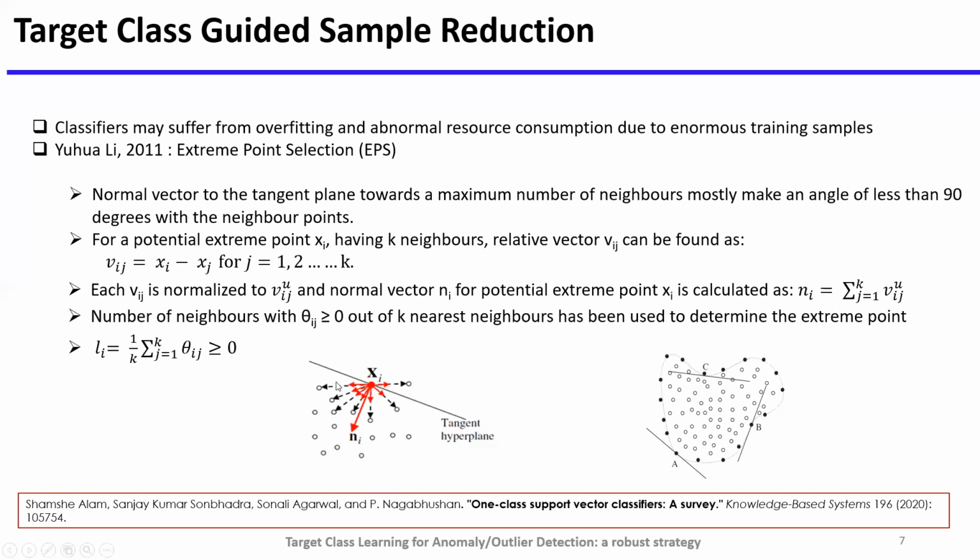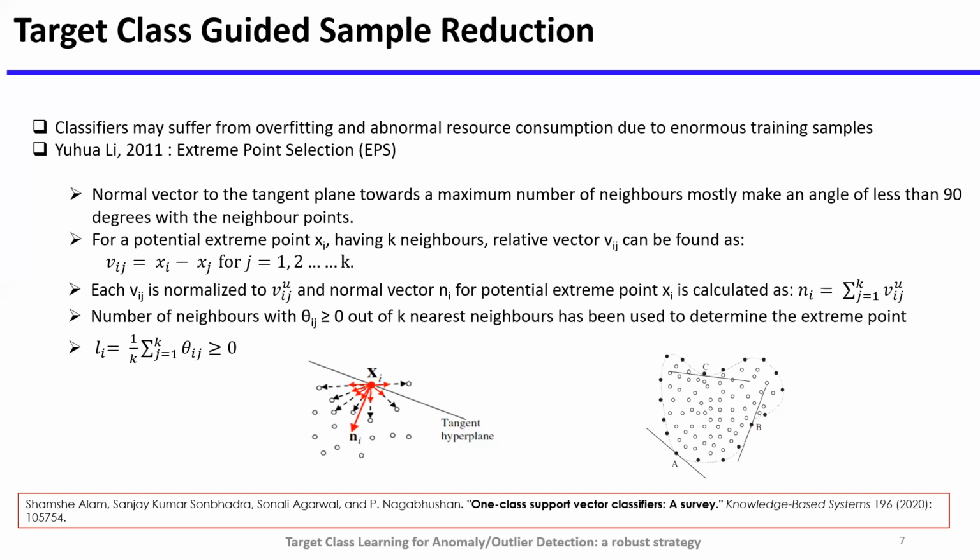So this is all about this. If this Li is 1 or nearby 1, then we may conclude that xi may become the extreme boundary point or the support vector. Likewise, in a distribution of n data points, we impose this algorithm to check whether each is an extreme point or not, and we are able to get those extreme points.